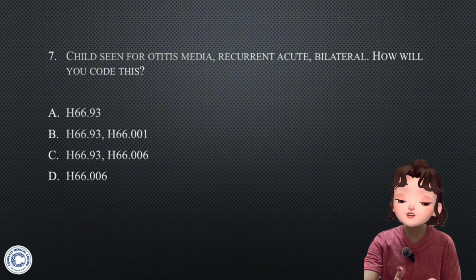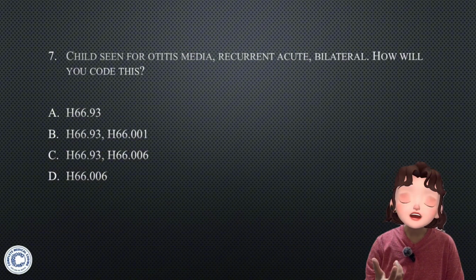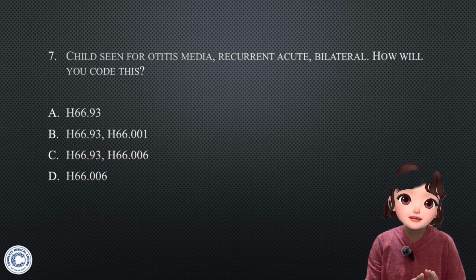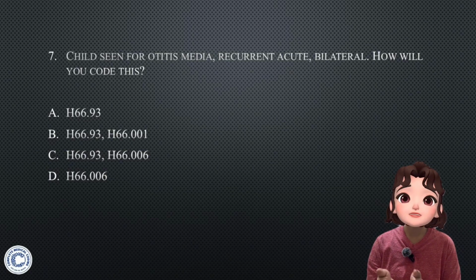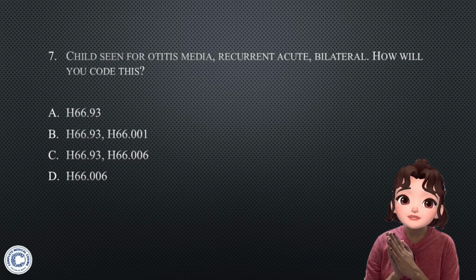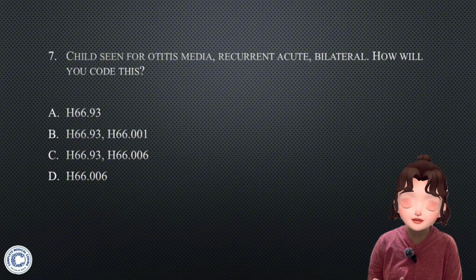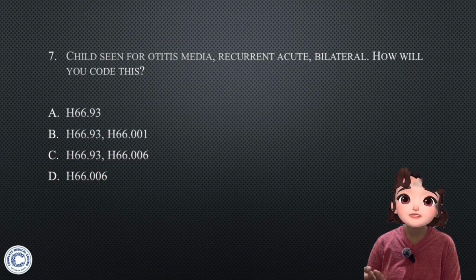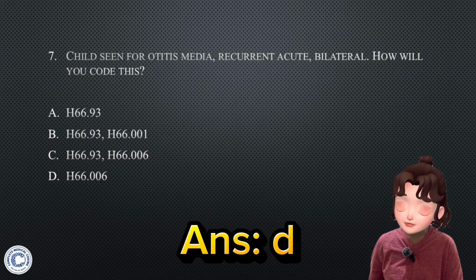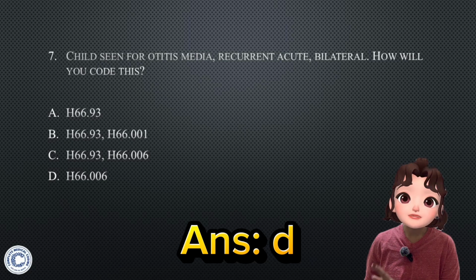But along with that, in option C, they have mentioned the otitis media bilateral separately, which is not required because suppurative otitis media is already present in the current code. So that is the correct code. So the answer here is option D, only H66.006.